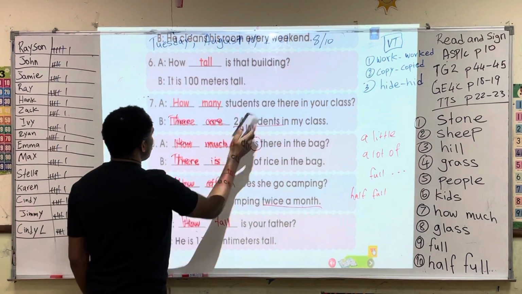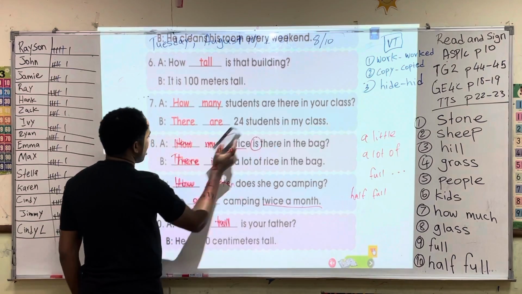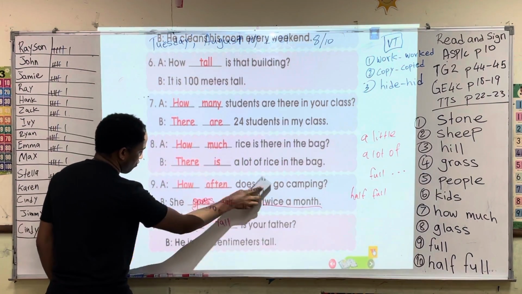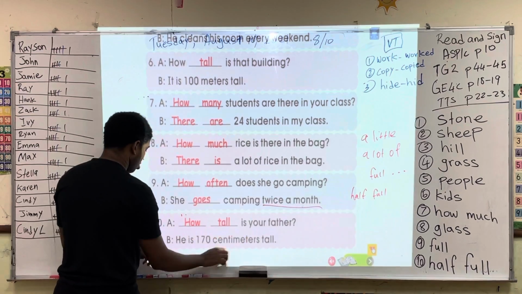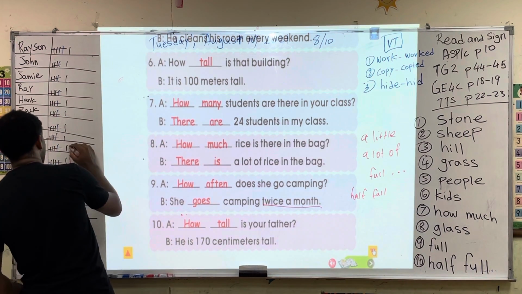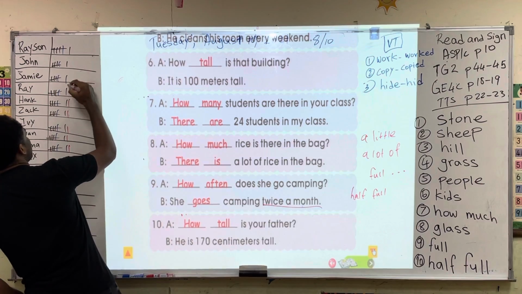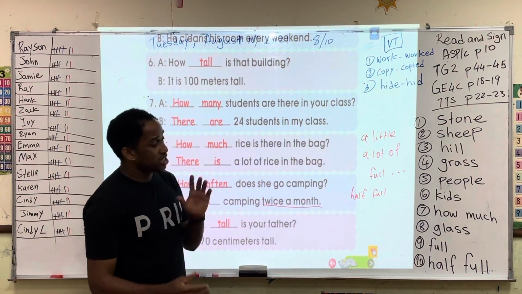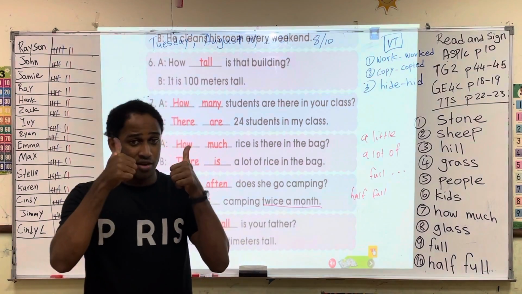Number 7, how much? There are, how much? There is, how often? Goes, how tall? Good. So I'm going to give everyone 1 point for your target grammar. Very good. So we did our target grammar, page 44 and 45. Very good.